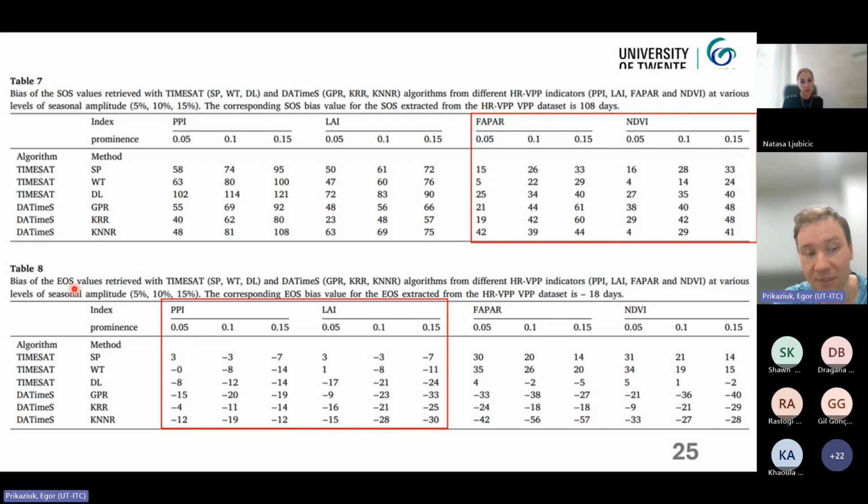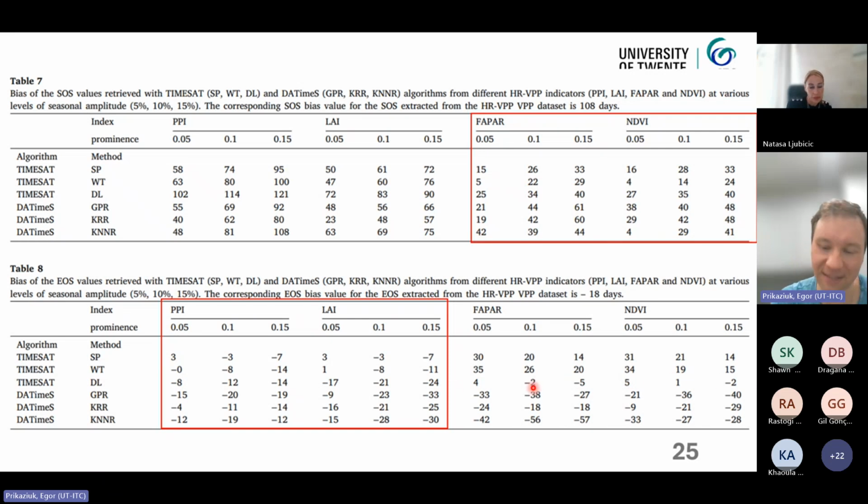But for the end of season date, the harvesting date, PPI and LAI work better than FAPAR and NDVI. Actually, here is interesting that double logistic TIMESAT is really good even with AVHRR and NDVI. But we can also discuss the details and implications of that later.